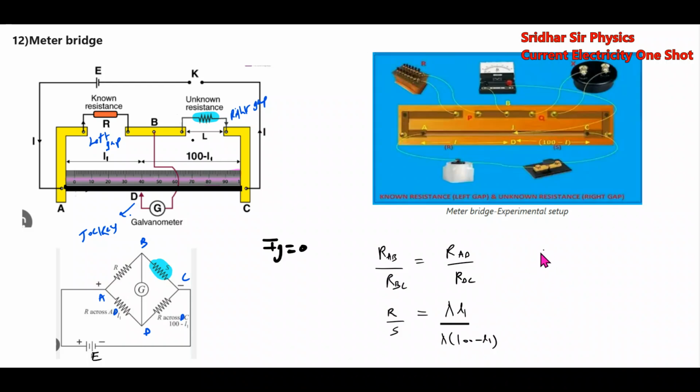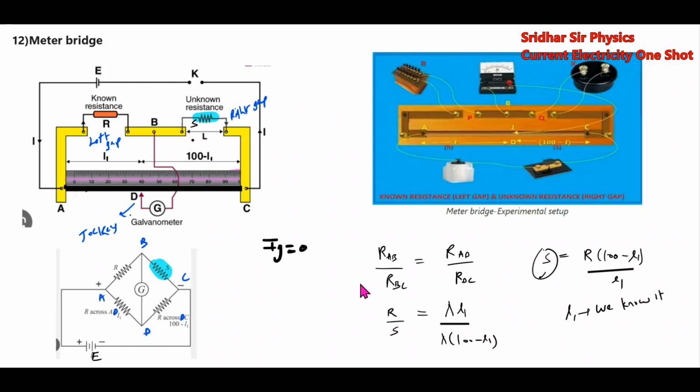Then we'll get R by S. The unknown resistance S is needed. The unknown resistance S will be R into 100 minus L1 by L1. I know L1, so I'll get the resistance S.